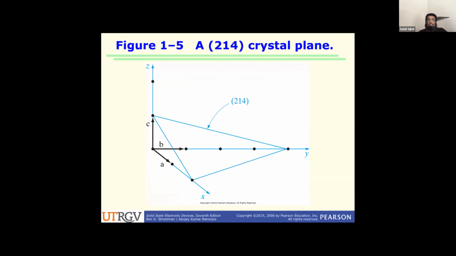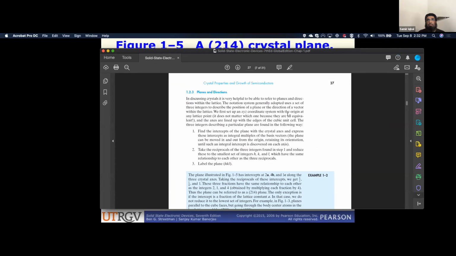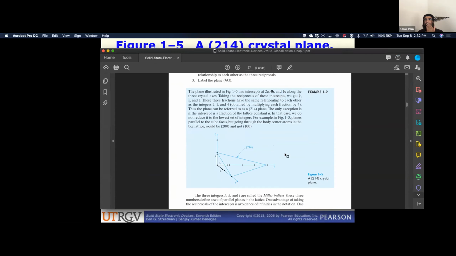So this comes straight from the book, figure 1-5. Do you want to take a look at the book at this stage? If you bring up 1-5, I bring up 1-5, we can look at it and it'll be slightly easier for us to go through. All right.